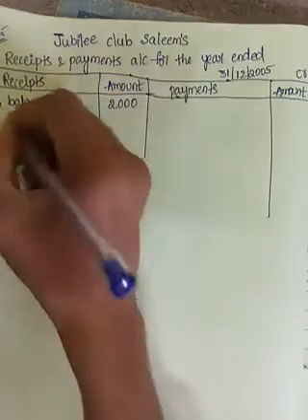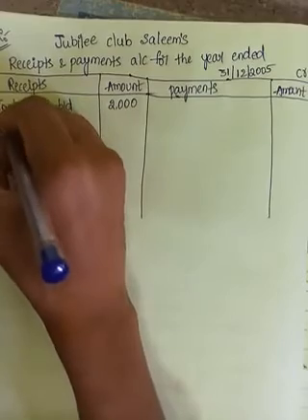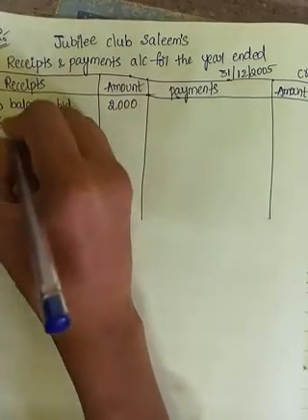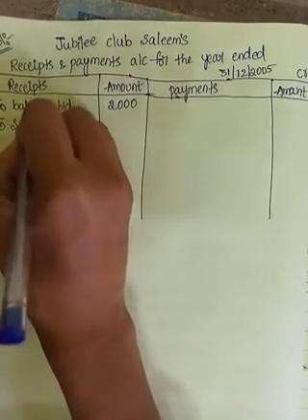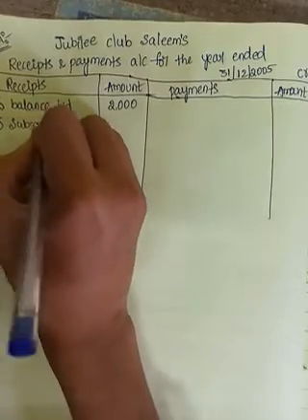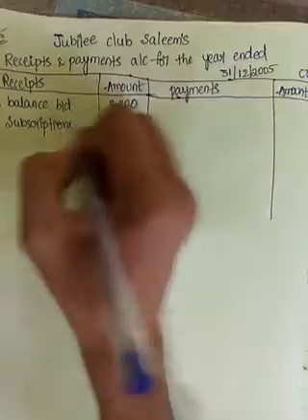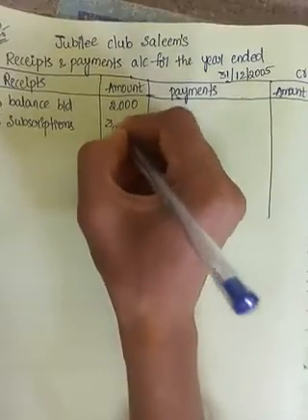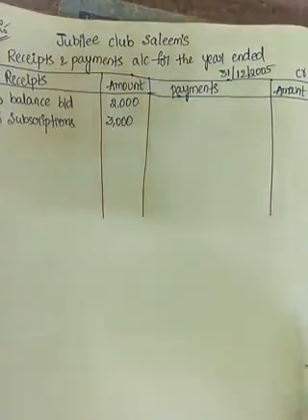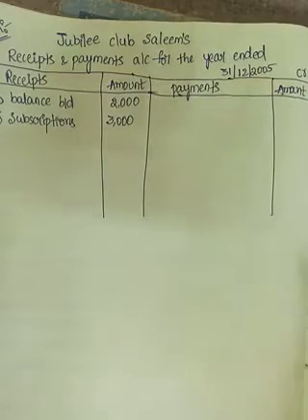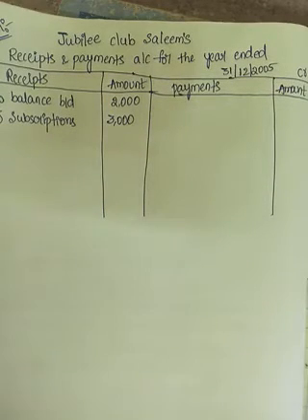Next is to subscriptions. To subscriptions amount is 3000.